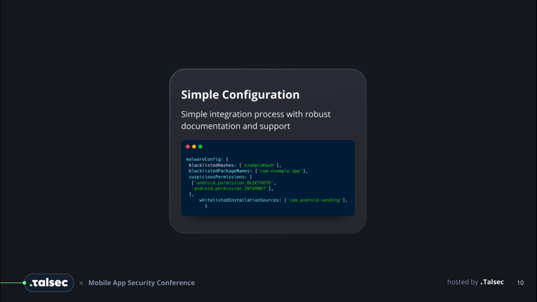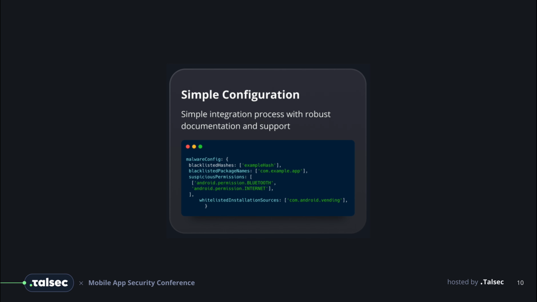As I said, this is the configuration on FreeRASP and on RASP Plus, where the malware detection is configured via so-called magic files, and it is roughly similar. You just provide those lists of blacklisted hashes, package names, and permissions.